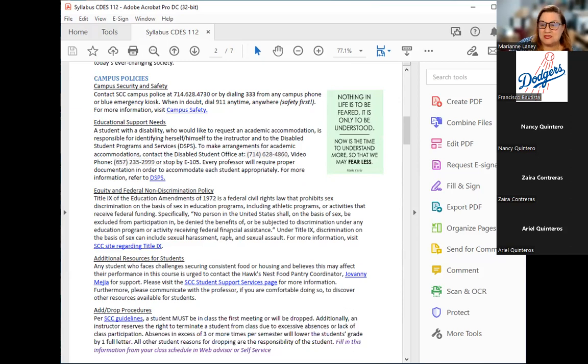Okay, so equity and non-discrimination policy is very, very serious. If somebody's harassing you, even online, did you know that in the state of California, if you are a student, even if somebody is harassing you at work, you are still protected under Title IX? I'm very serious about this. I used to be a social worker, and I'm on the campus care team. We talked about 5150s and harassment today in a committee meeting.